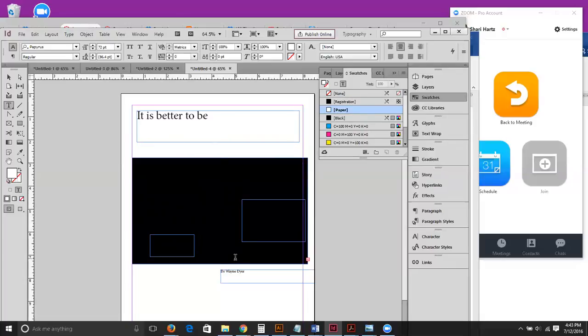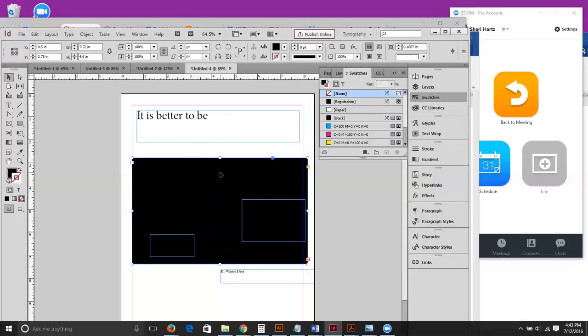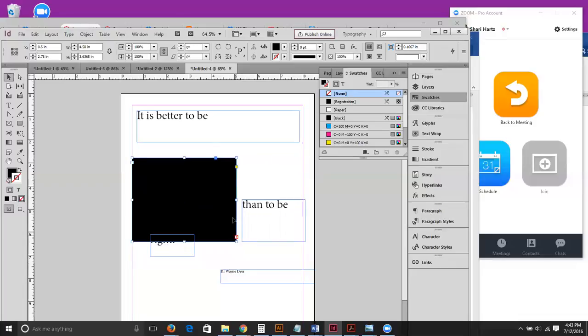But then when I went to type in it, the color went away, and I couldn't figure out why I couldn't type and have the color at the same time. Illustrator isn't built the same way. If you're in Illustrator, what you'll do is create a box that has your text in it, and then create a different shape that goes behind it. It's a little different, so it doesn't play by the same rules.